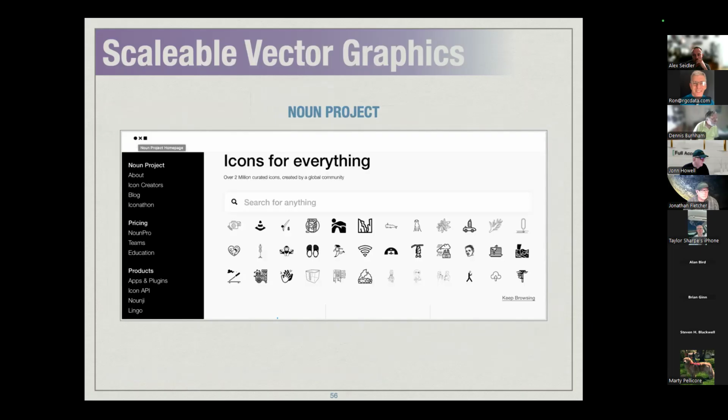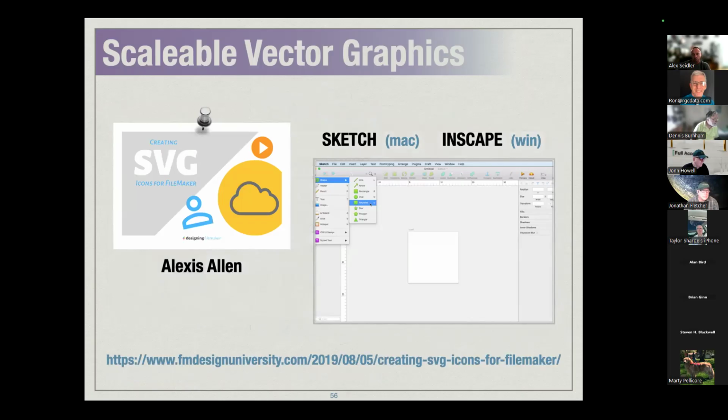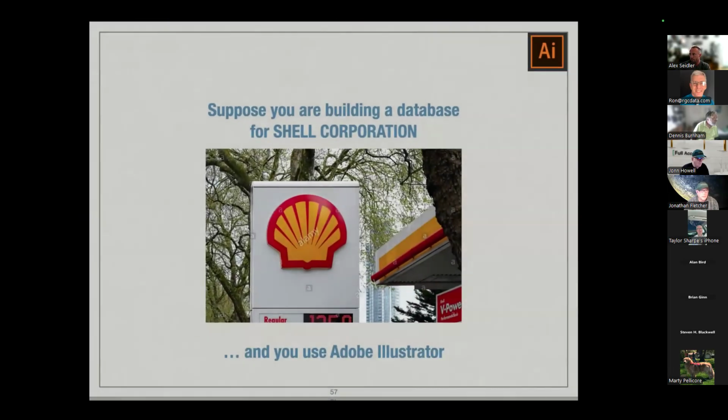There's a web site called the Noun Project where you can select all kinds of icons that are in the scalable vector graphic mode, which are useful for your buttons. Alexis Allen does a wonderful presentation about them at FM Design University. And the Macintosh has a new application called Sketch, and Windows has one called Inkscape for creating vector graphics.